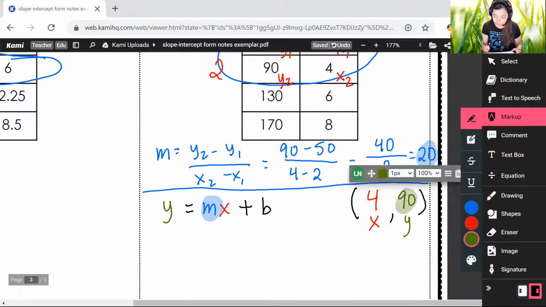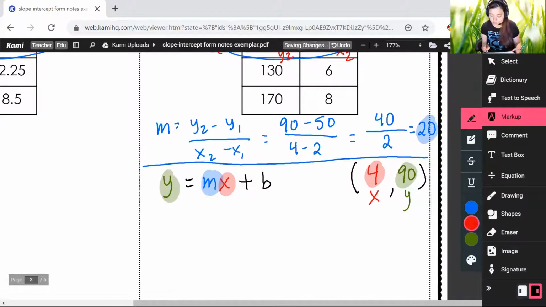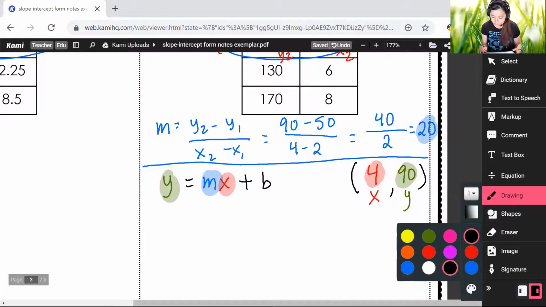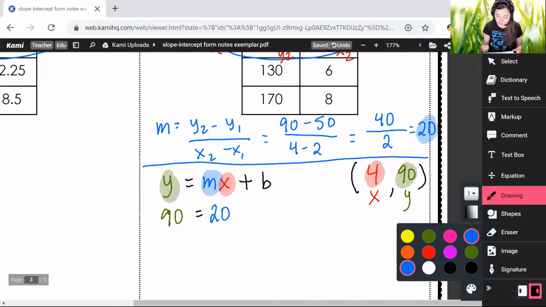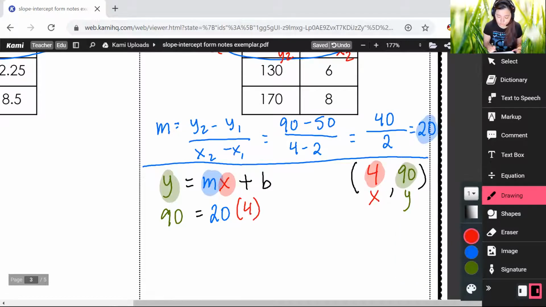Here's our y value. Here's our x value. So we are just going to take these 3 numbers and put them into that equation. So y is 90 equals 20 times 4 plus b.